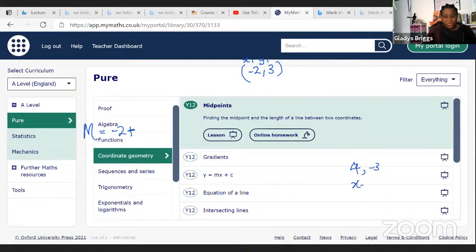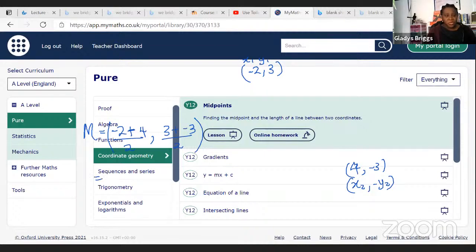This would be our x2, y2. So x1 plus x2, -2 plus 4 divided by 2, 3 plus -3 divided by 2. Okay, and that's going to give us what?